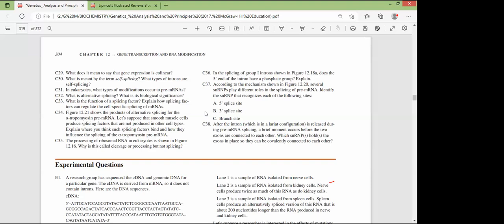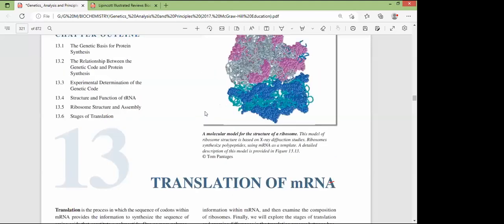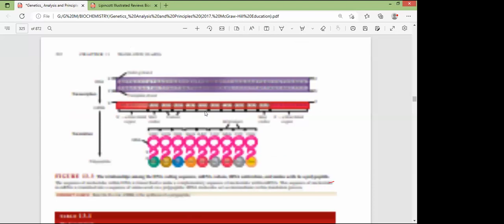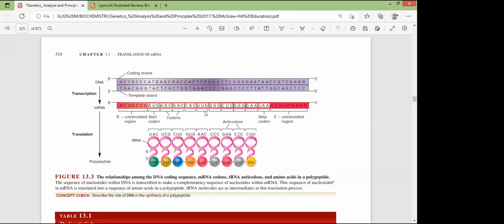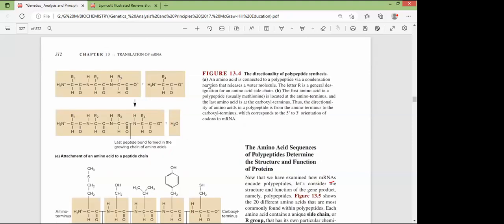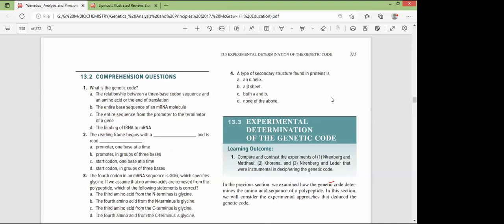Replication happens in a 5' to 3' direction. For the strand where it can't happen continuously, we make fragments that we join together using DNA ligase. For translation, we'll see it again when covering the mechanism of action of drugs like tetracycline.